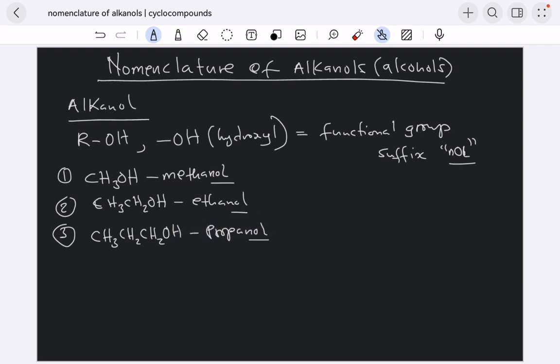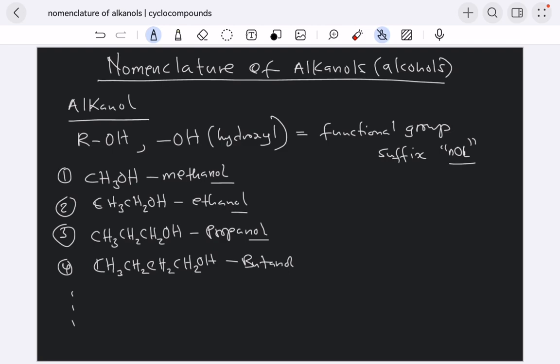So we'll notice that they end in NOL. We have butanol, CH3CH2CH2CH2OH, which is butanol, and the list goes on and on.